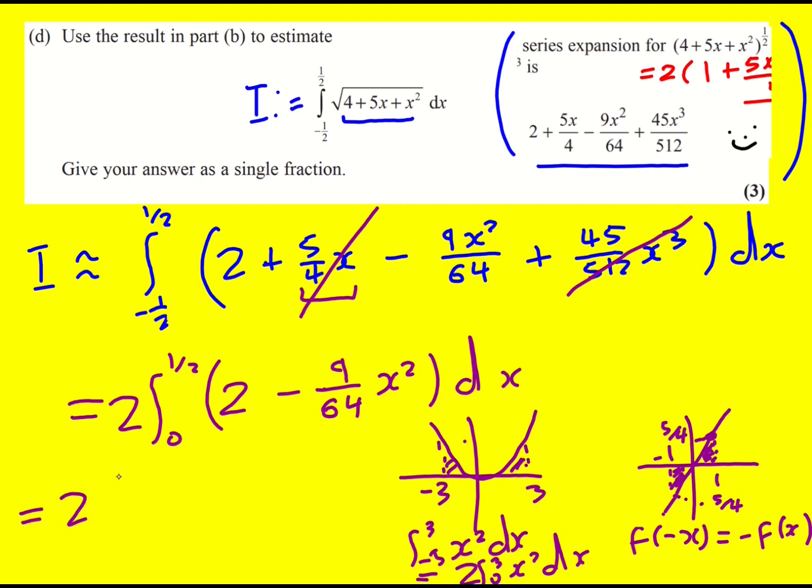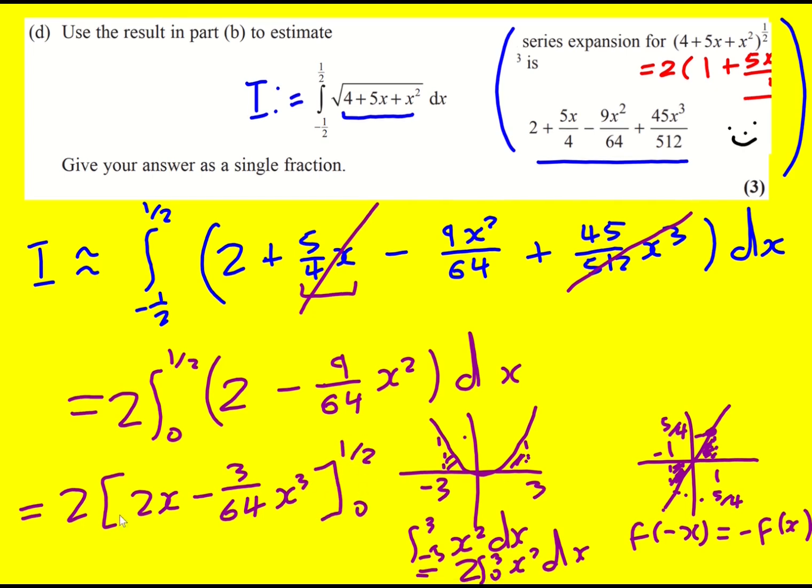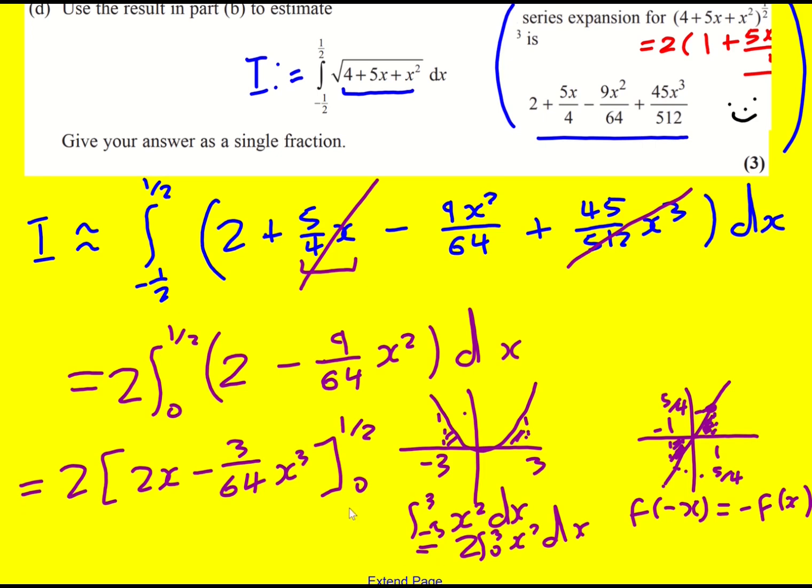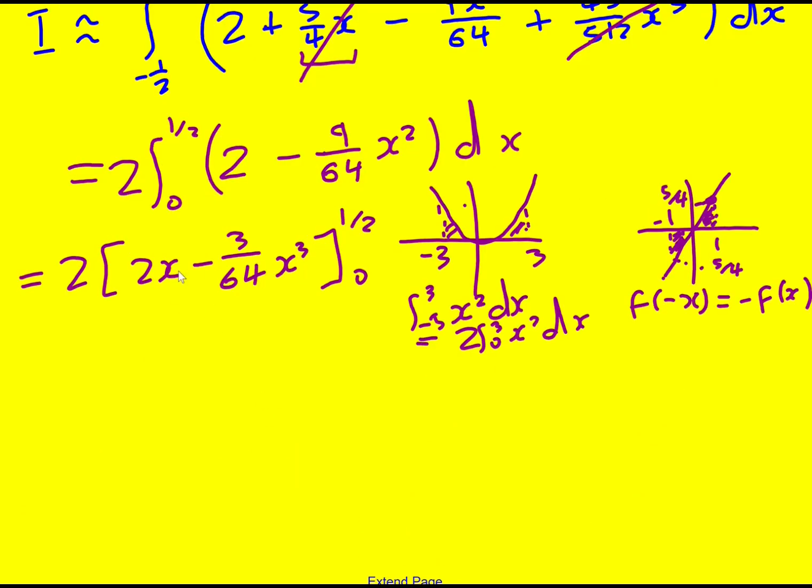So this becomes 2x minus, now I'm going to be dividing through by 3, so I'll get 3 over 64 x cubed, evaluated at 0.5. And the other great thing in this case, when I put 0 in, is that it's all going to cancel out rather than having to deal with minus a half.